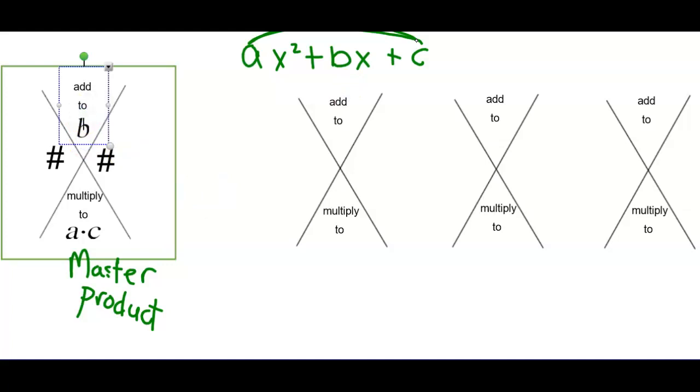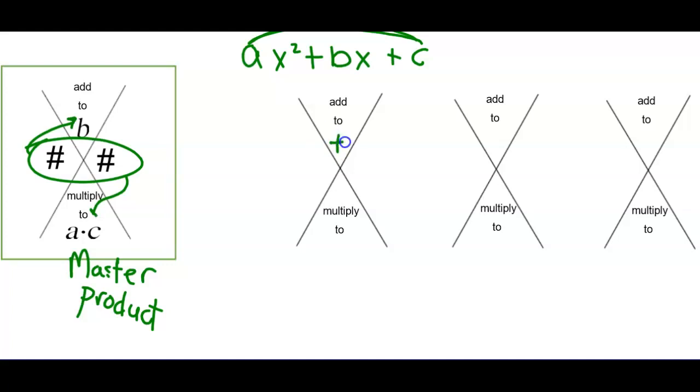Okay? Now, the two numbers in the binomial that we're going to have, so these numbers here, are going to add to B and multiply to A times C. Okay? Add to B and multiply to A times C. So there's some patterns that you need to know.